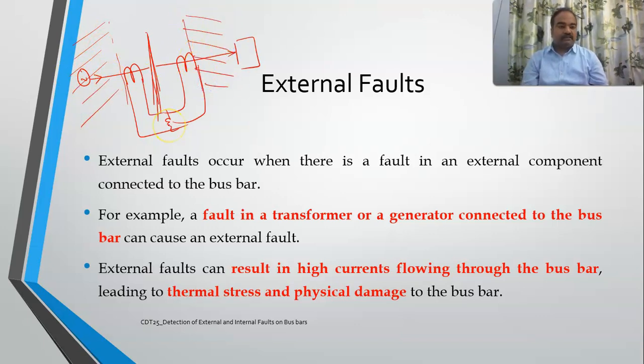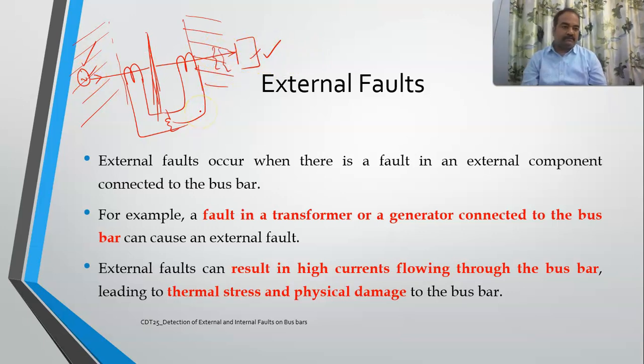An external fault occurs when there is a fault in an external component connected to the bus bar. See here, these are all the external components. This is an external component, this is an external component. When there is a fault in the external component, then it is considered an external fault. Most probably there is a fault in the generator, a fault in a load, or a fault in a transformer which is connected to this one.